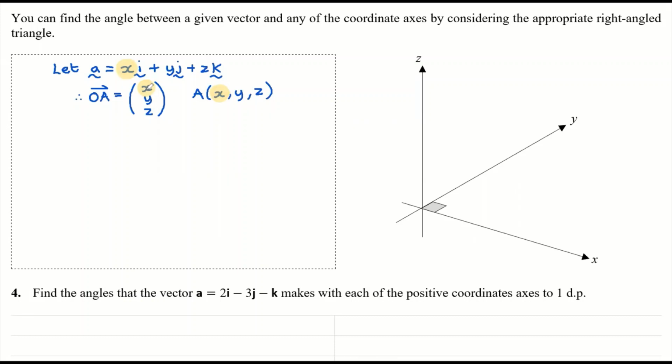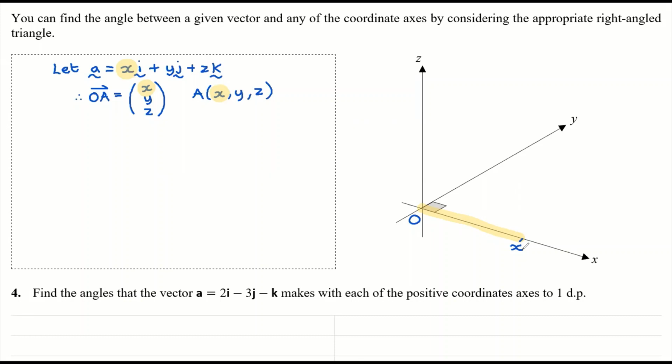So I'm going to go from the origin, which is not labeled on the diagram, so I'm just going to label that. So the origin is here, and I'm going to go x units along. It doesn't matter. So I'm going to stop when I get to x. Okay, so about here. Okay, so that's my x component.